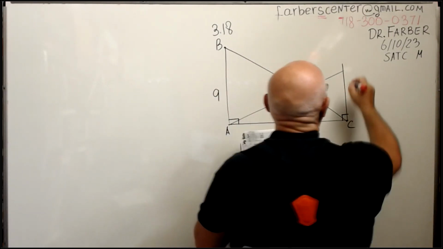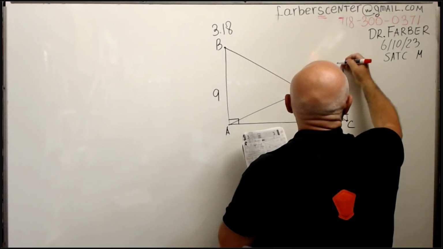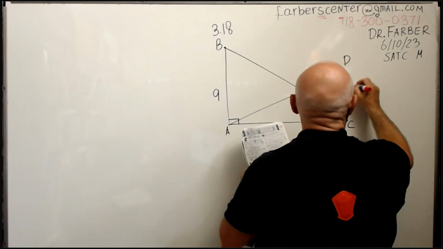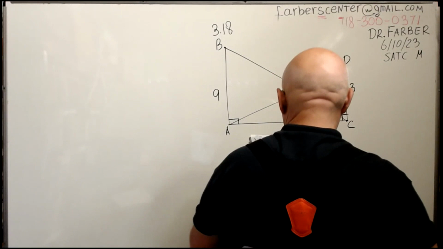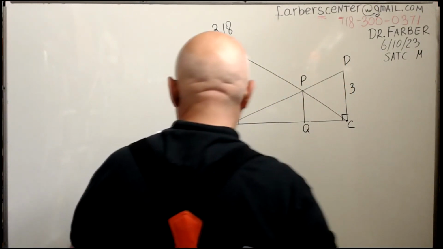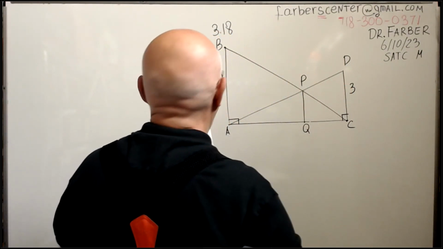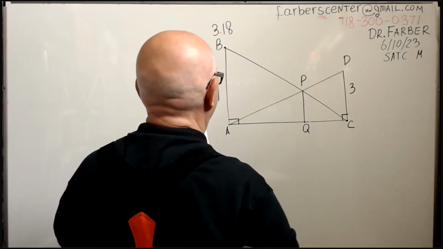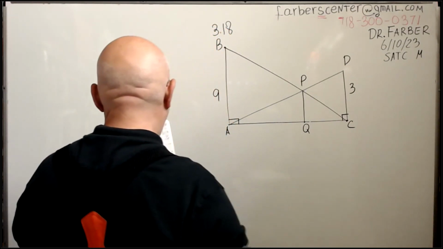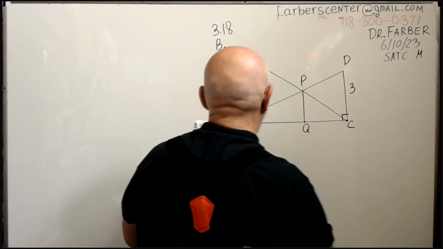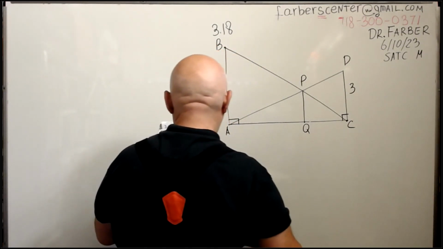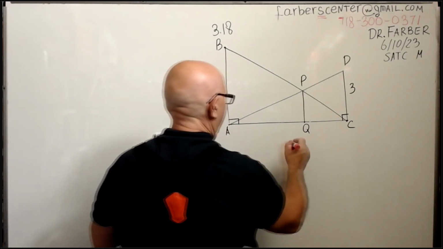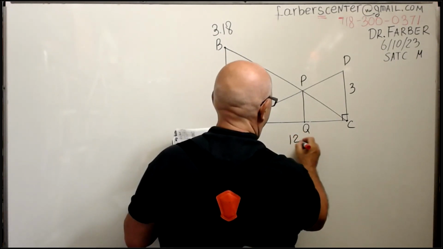D. This is 3. What else? Did I miss anything? No. AB equals 9, yes. CD equals 3. AC equals 12. So this is 12, entire AC.